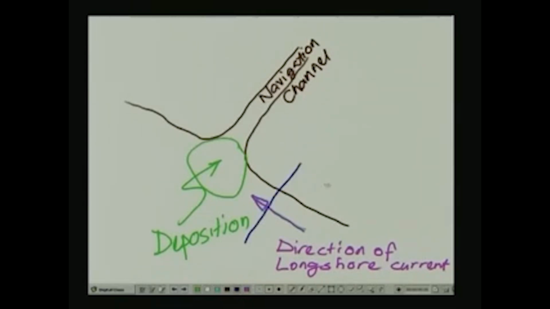So groins are essentially wall-like protrusions almost perpendicular to the coastline. So this is our coastline, if you recall. This one is our coastline.